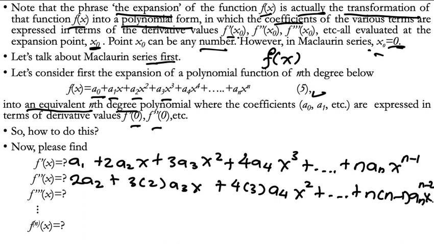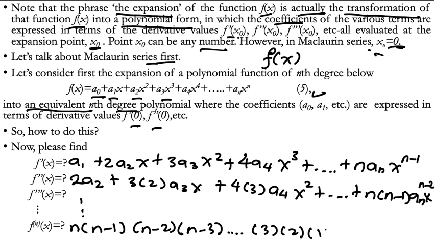If we continue until the last one, we have n times n minus 1, multiplied by n minus 2, multiplied by n minus 3, and continue multiplying until 3 times 2 times 1 an.